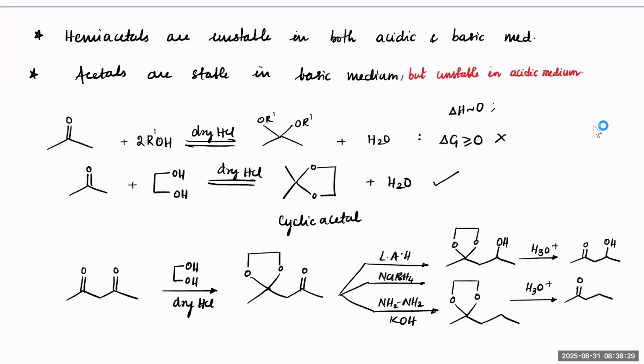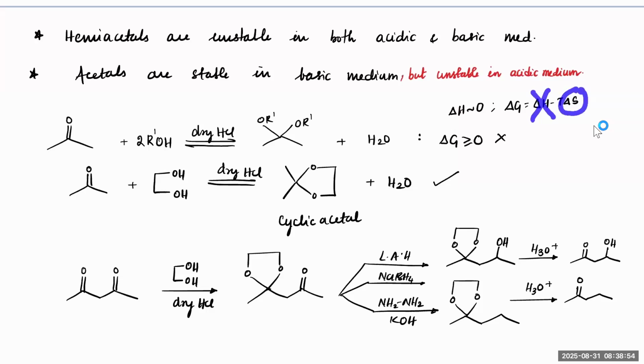So the spontaneity of the reaction mainly depends on delta S value, because delta H is not a contributing factor. So it is only the delta S which is contributing. Okay. Which means you can ignore this factor.